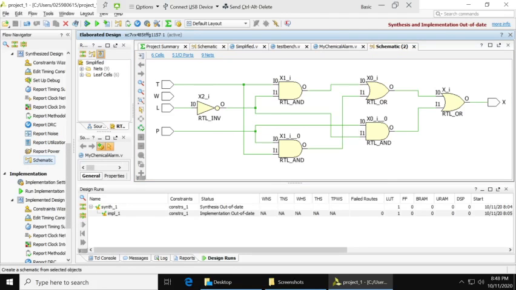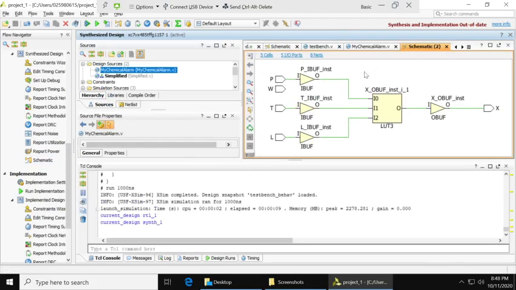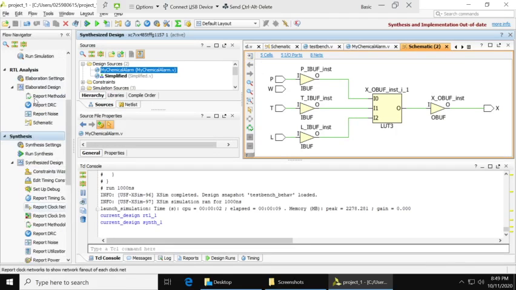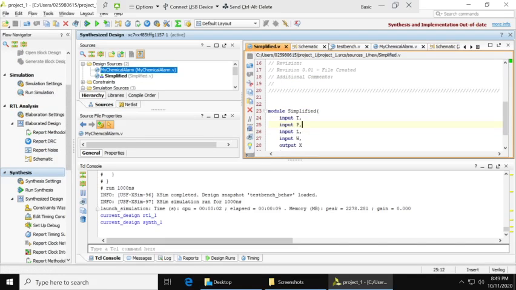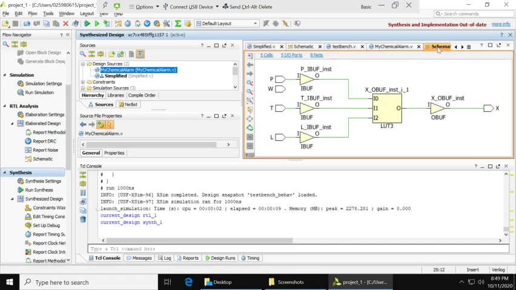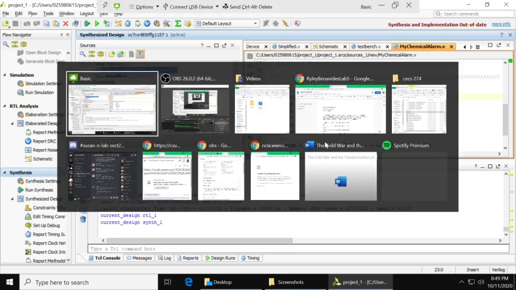And the other schematic looks like that. And then the simulation. I'll just show you on the document I created.